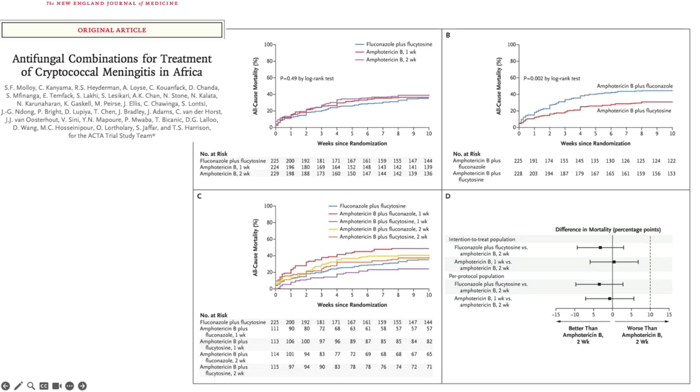The purple line, the lowest mortality, is amphotericin plus flucytosine for 1 week. They tried 1 week versus 2 week combos too. Amphotericin plus fluconazole has the highest mortality, not that those are all significant differences, but this again shows amphotericin plus flucytosine has lower mortality than amphotericin plus fluconazole. So this is our recommended regimen.